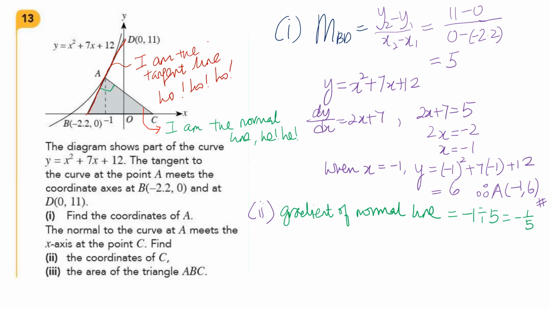So we need to find the equation of the normal line before we can find C. Therefore, the equation of the normal line will be y minus y1 equals gradient times x minus x1. So your y1 and x1 is basically your point A.